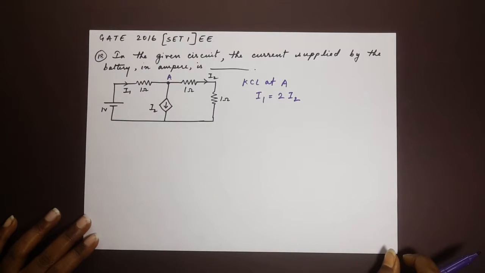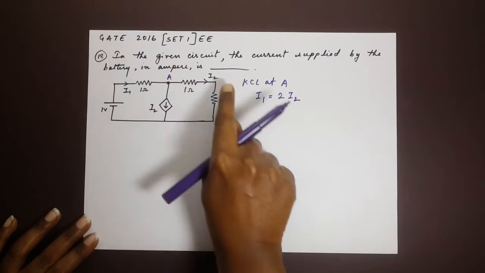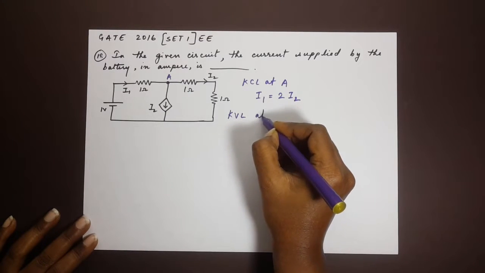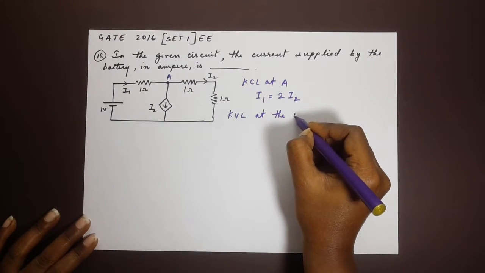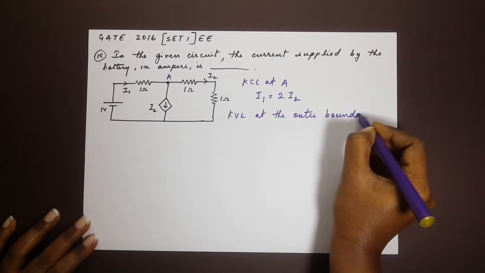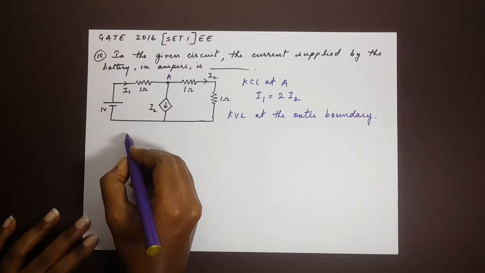Okay. Now that we have found the first relation, let's apply Kirchhoff's voltage law at the outer boundary of the entire circuit. Okay, so let's see what we get here.